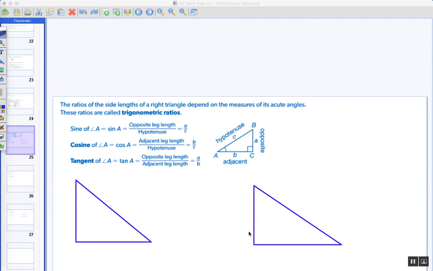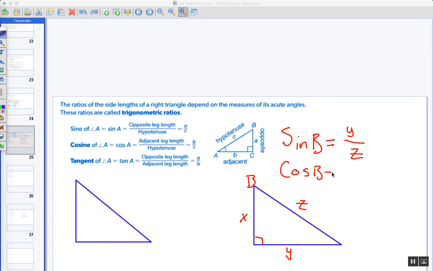So let's look at an example. Let's say we have this side X, and side Y, and side Z. We're going to call this angle B. So if we wanted to find the sine of angle B, that would be equivalent to the ratio of its opposite side, which is Y, over hypotenuse, which is Z. Cosine of B would be equivalent to the ratio of its adjacent side.